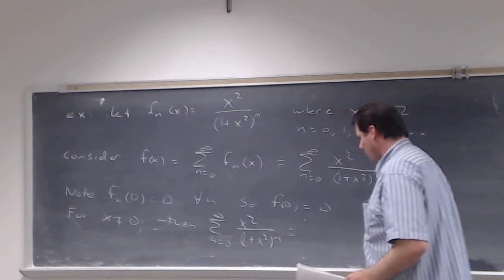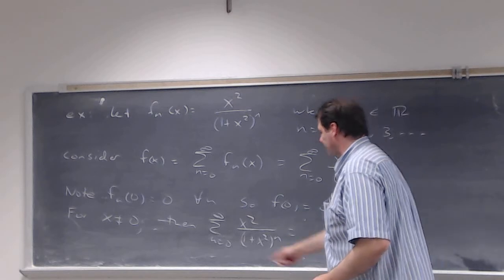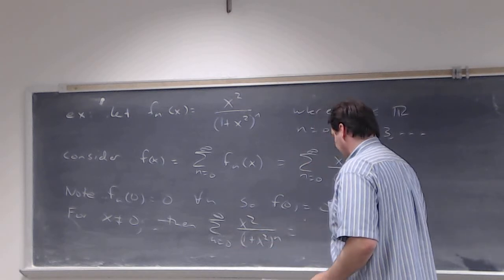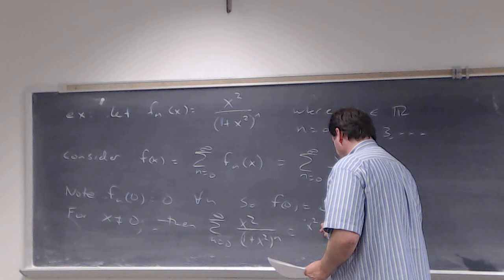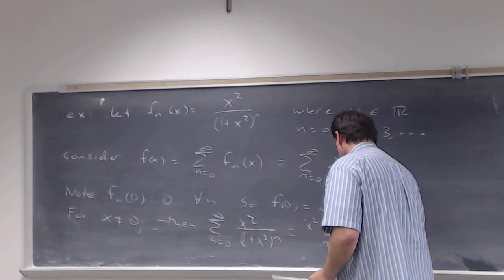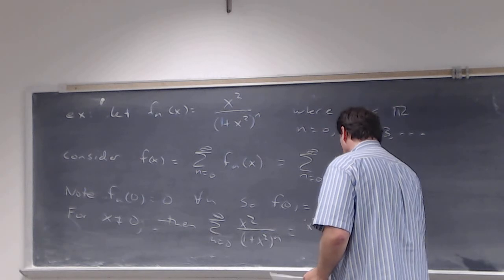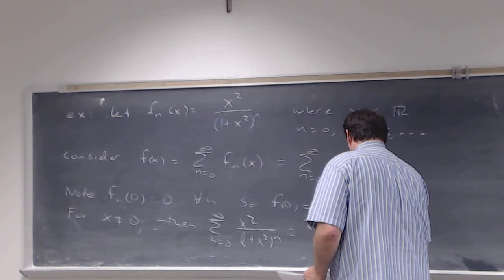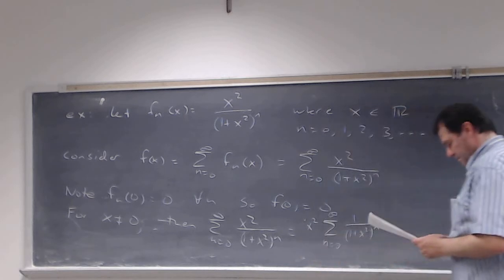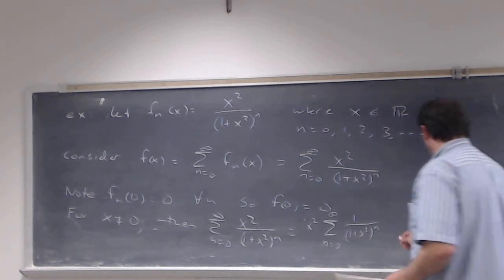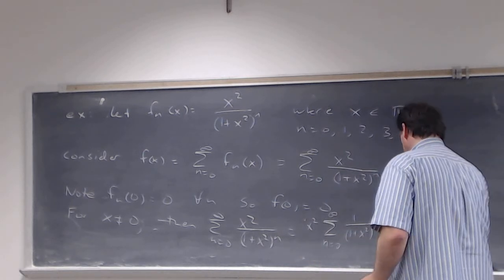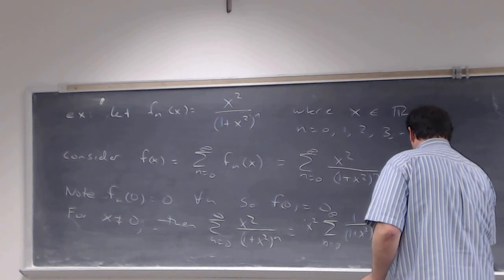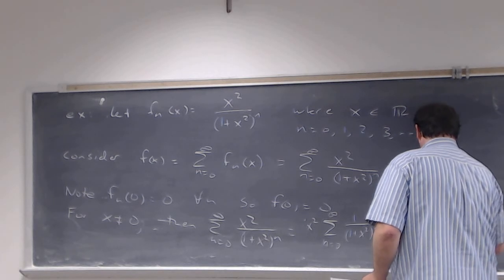One thing you can see is that this x squared is a constant with comparison to the index of the summation, which is n. So I can rewrite this as x squared times the sum as n runs from 0 to infinity of 1 over 1 plus x squared raised to the n.